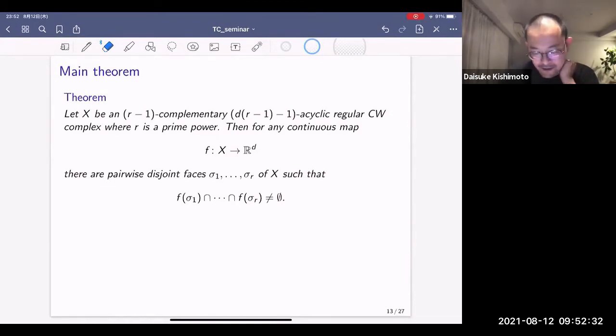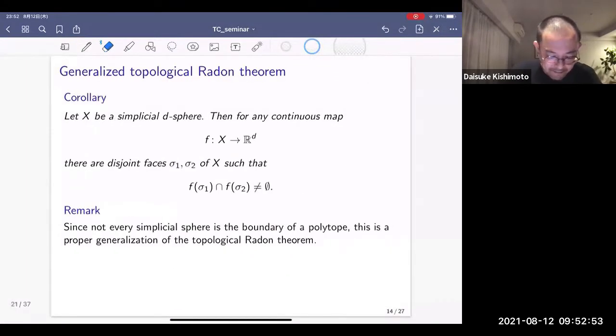But it might be suspicious that this is really a generalization of Tverberg's theorem. I mean, there might be no proper examples generalizing Tverberg's theorem. But actually there is. Let's consider the case R being 2 and X being a simplicial sphere.